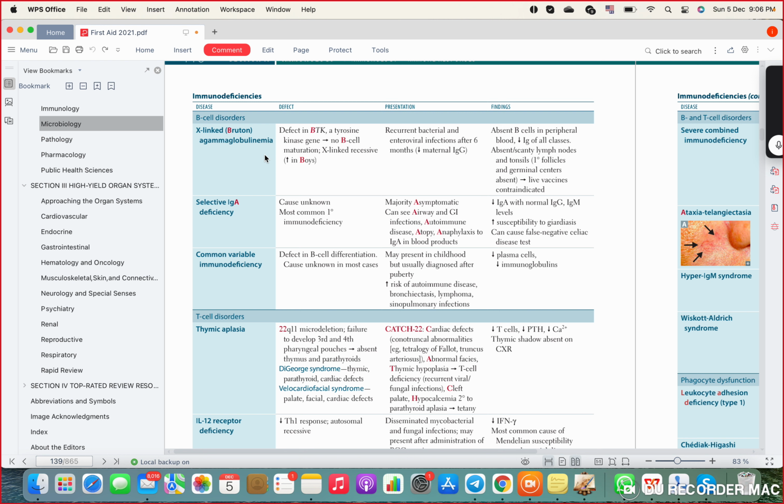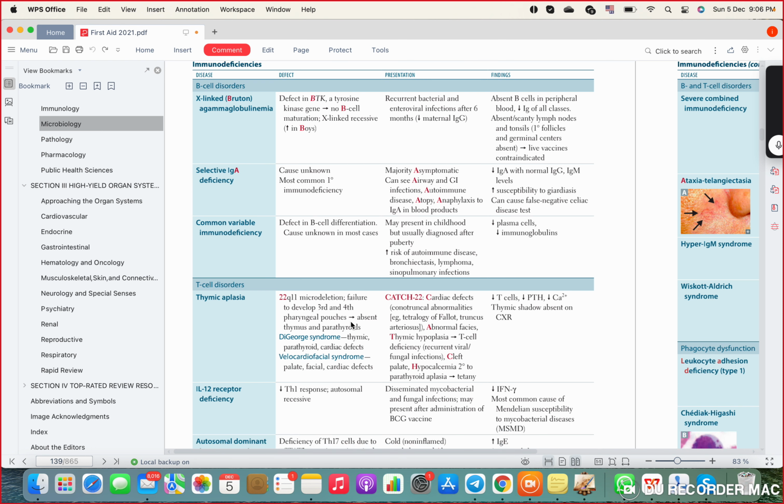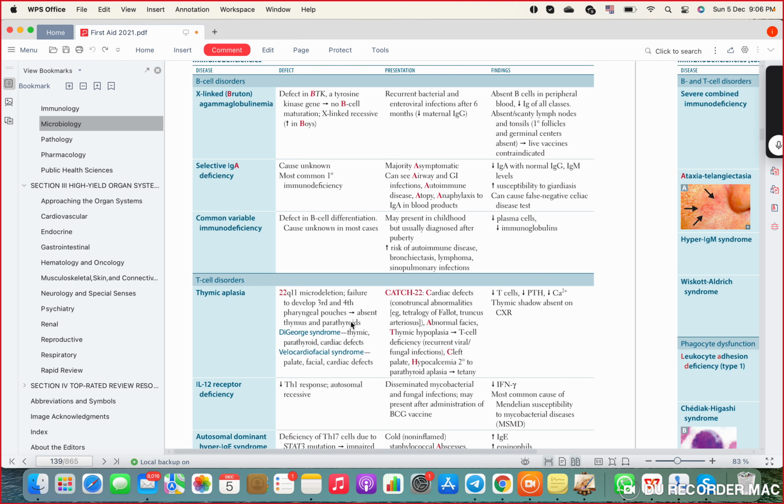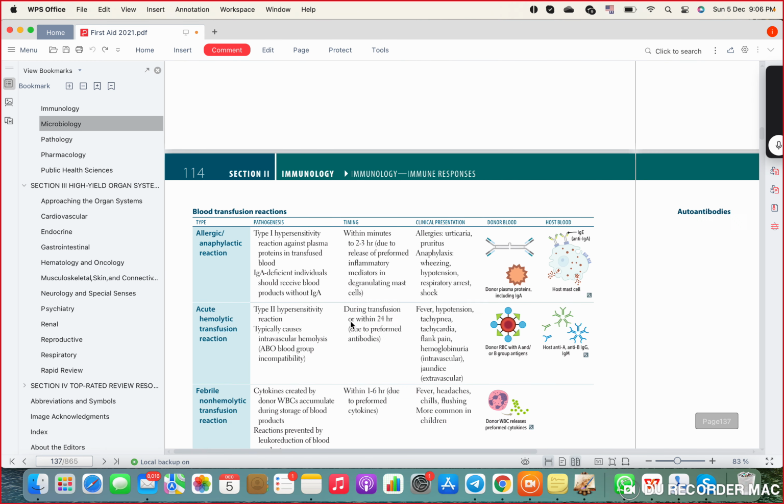Okay, good. Speaking about this selective IgA deficiency, which type of transfusion reaction can they have? Type 1, the first one, doc. What is the first one called? Anaphylactic allergic reaction. Yep, okay, good.